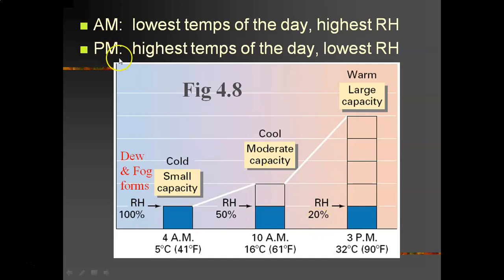So usually in the afternoon, when we have our highest temperatures of the day, we have our lowest relative humidity. So this is kind of an inverse relationship. When you've got the lowest temperatures of the day, you've got the highest relative humidity. When you've got the highest temperatures of the day, the lowest relative humidity.